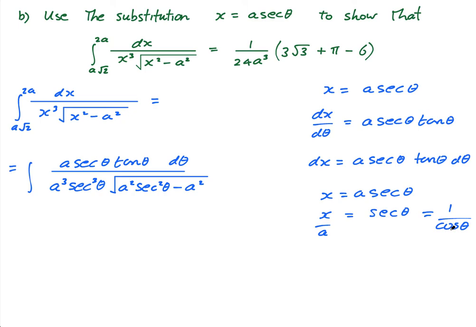So I can actually just rearrange this and say cos theta equals a over x. So when x equals 2a, cos theta equals a over 2a, which is equal to a half.